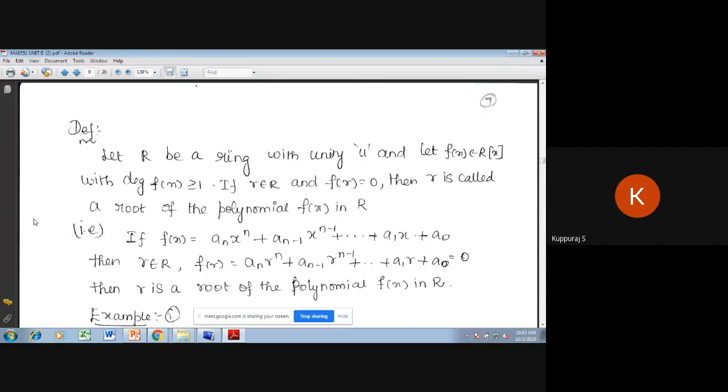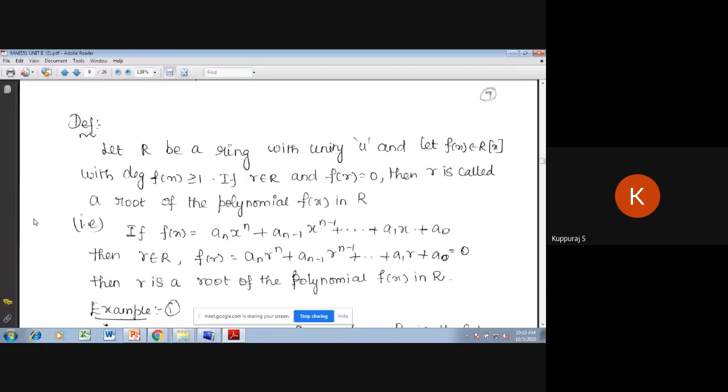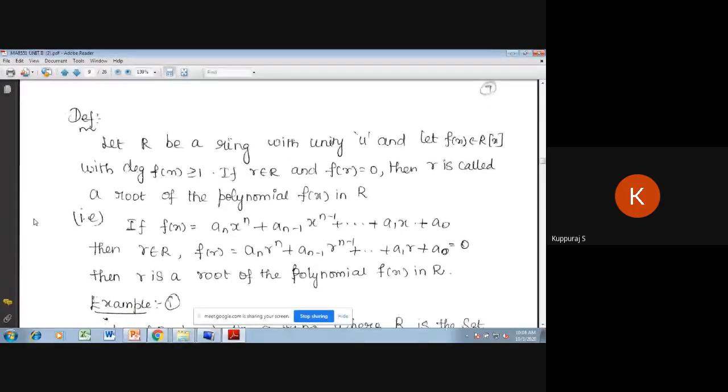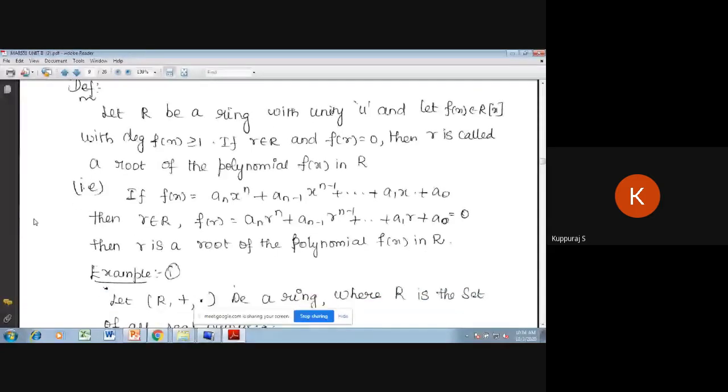Actually, this is the statement of the remainder theorem. That is, generally f of x is considered a n x power n plus a n minus 1 into x to the power n minus 1 plus up to a1x plus a naught.